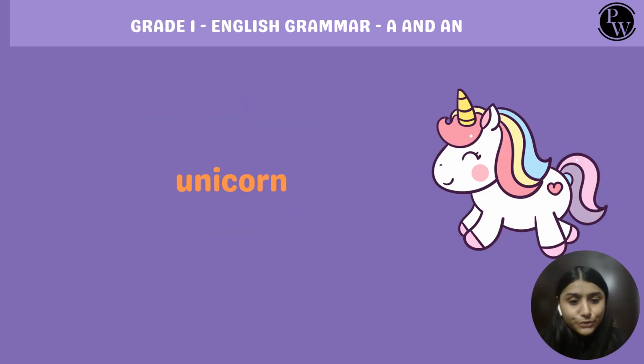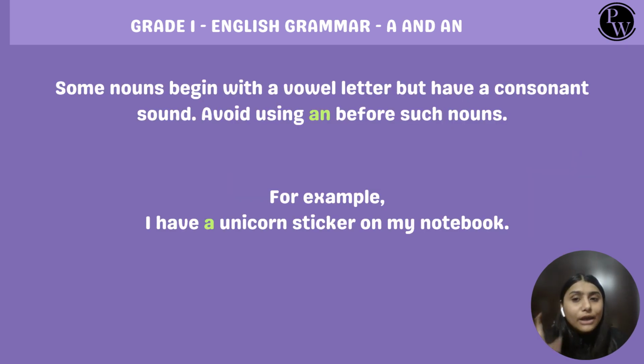Now let's read out this word, unicorn. Unicorn. What sound is it making? Yeah sound. So remember this. Now, the article an usually goes with words that start with vowel sounds. But here's the thing. Sometimes, even if a word starts with a vowel letter, like unicorn, the sound is more like a consonant, like we just discussed. It's a consonant sound.